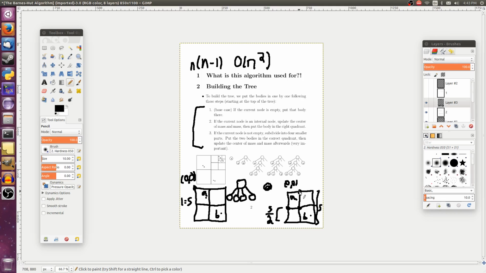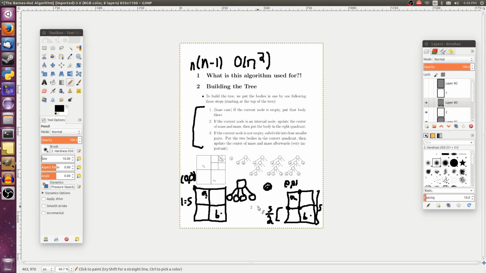Well, this point right here would just be the x-coordinate of the previous one plus s over 2, and then not adding anything to the y component. This one right here would be the converse. We'd be adding s over 2 to the y component, and this one right here would be adding s over 2 to both the components.